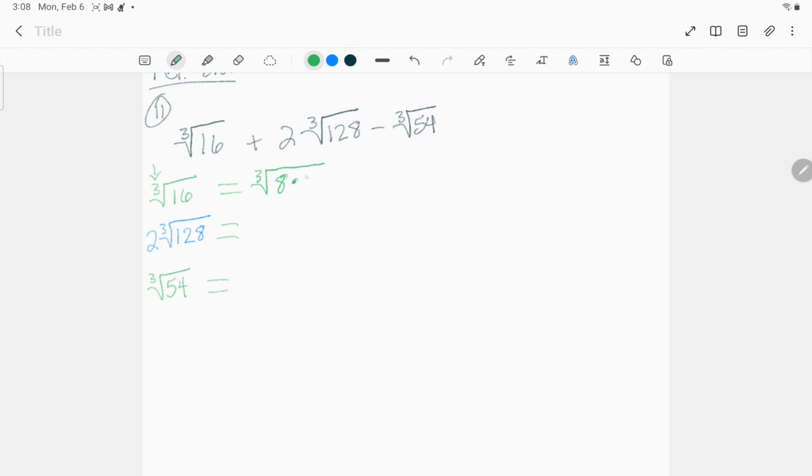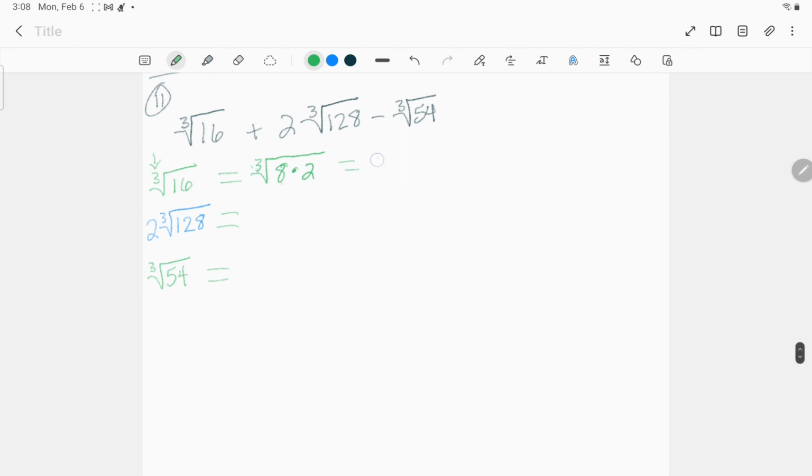All right, so you have 8 times 2. 8 times 2 is 16, and the cubed root of 8 is 2. Okay? So you bring out your 2, and leaves you with your 2 on the inside. Okay? So 2 times the cubed root of 2.